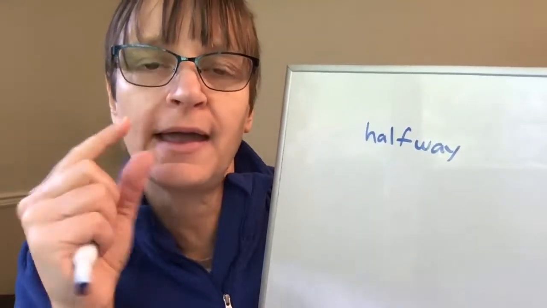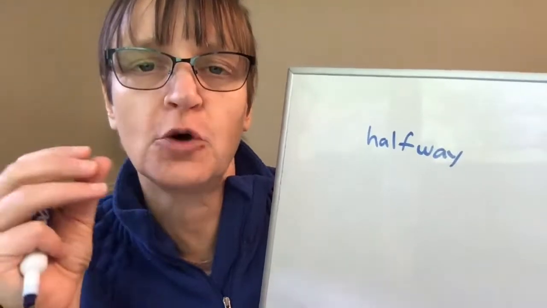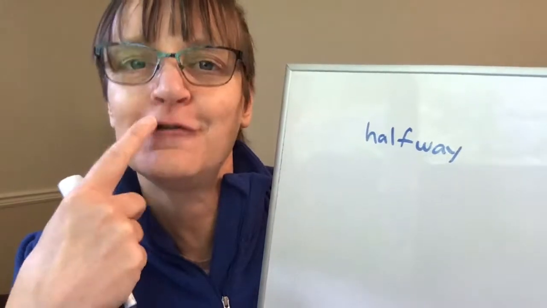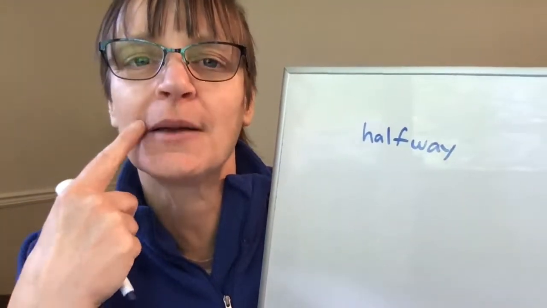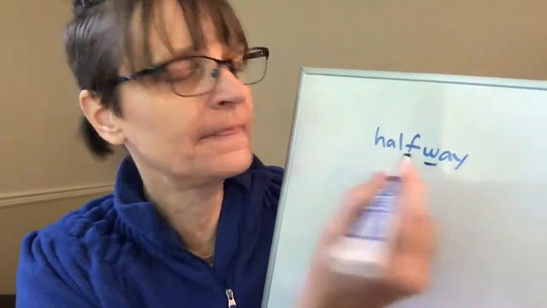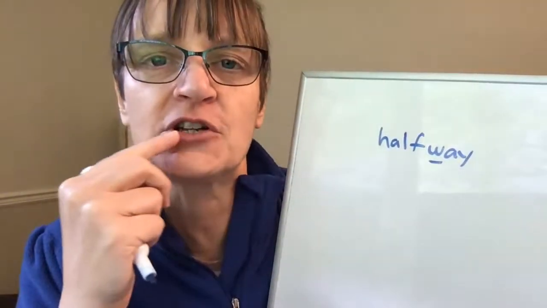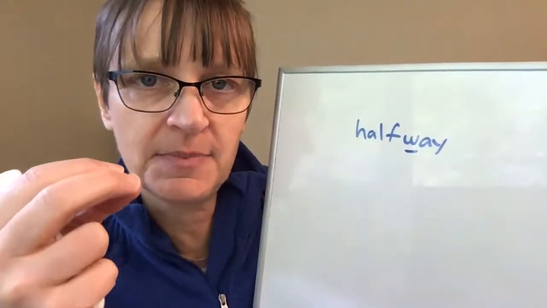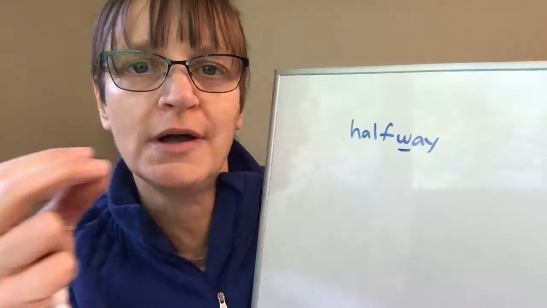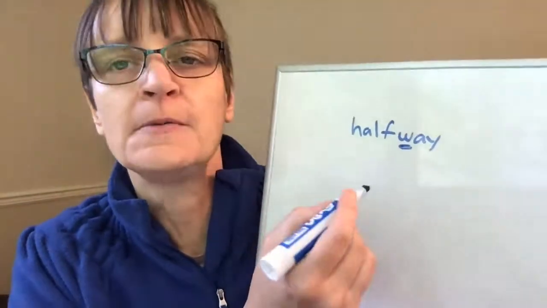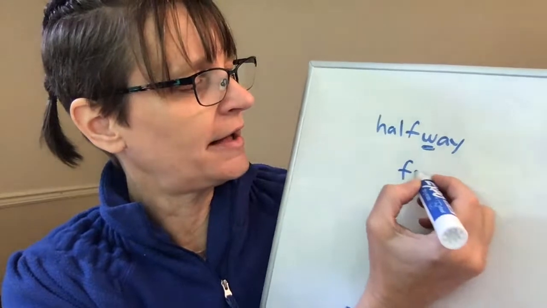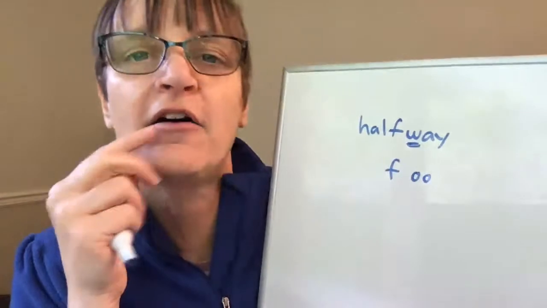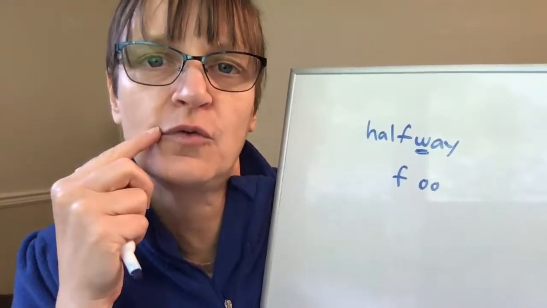So when I say way, I use both my lips. They purse and they open, way. When I say halfway, I use kind of a cheat where I'm not really closing my lip for the W. I'm making it from the F position, halfway, where I'm trying to keep that same closure and that glide of the W. So you might think about trying to do an oo sound, going from your F to an oo, halfway.